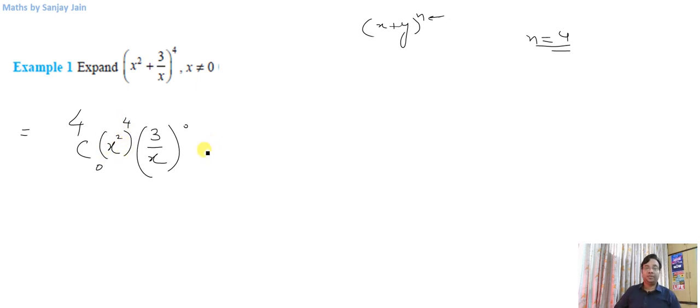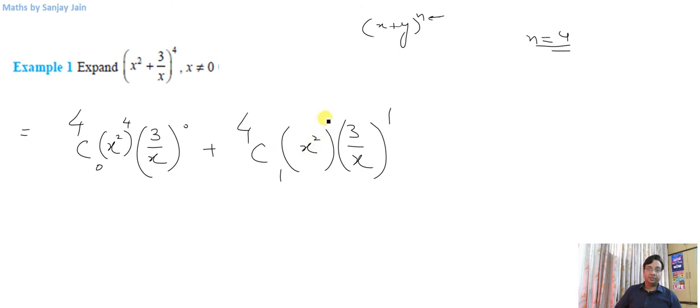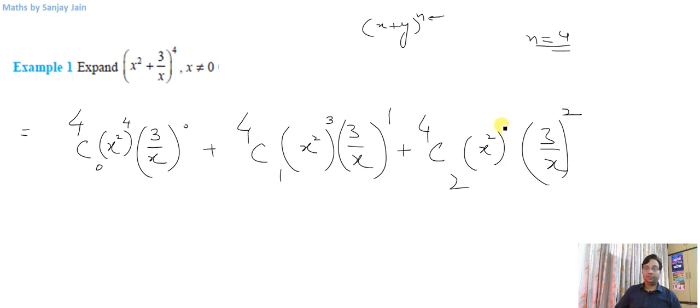This is how we write the formula. 4C1 (3/x)^1 (x^2)^3 plus 4C2 (3/x)^2 (x^2)^2, 4C3 (3/x)^3 (x^2)^1.